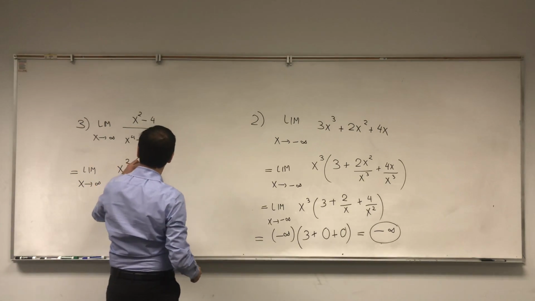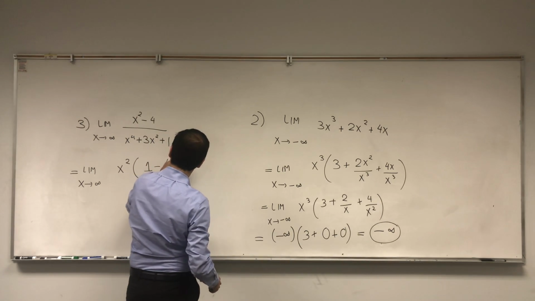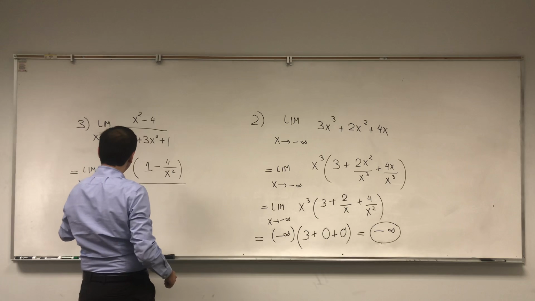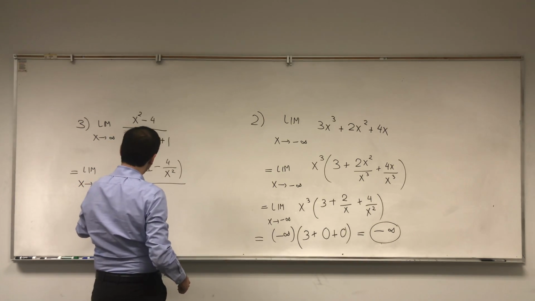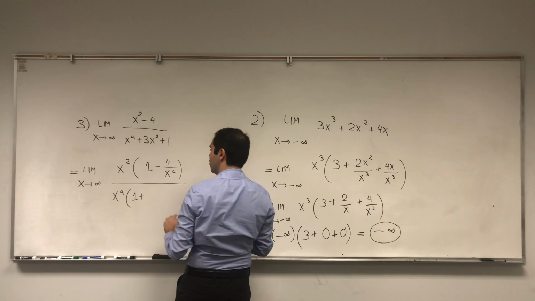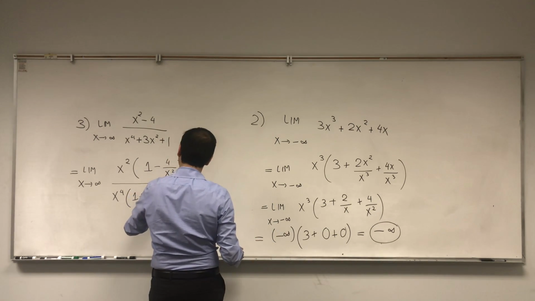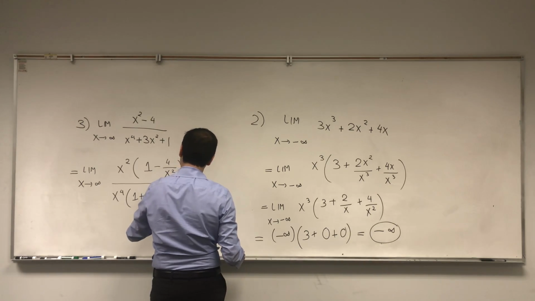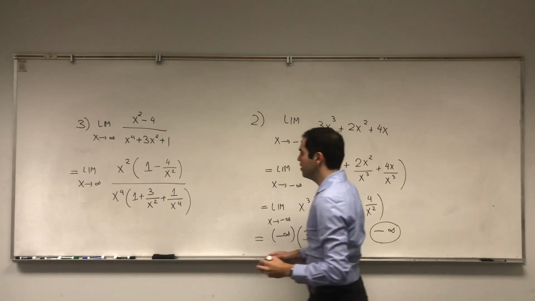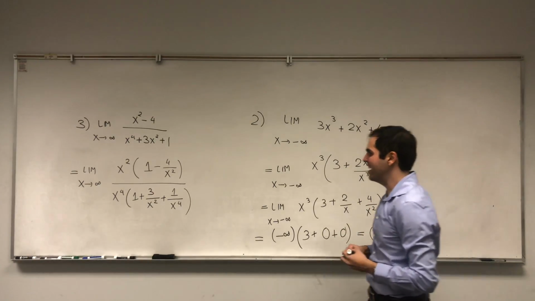So you get x squared times 1 minus 4 over x squared. And this one, x to the 4th times 1 plus 3 x squared over x to the 4th, so 3 over x squared and 1 over x to the 4th. So you have that, and there should usually be a simplification here.